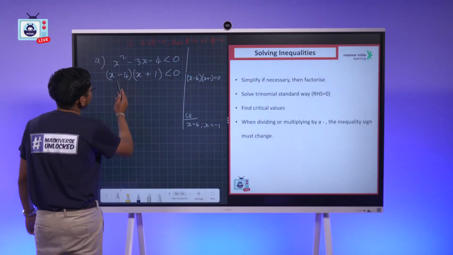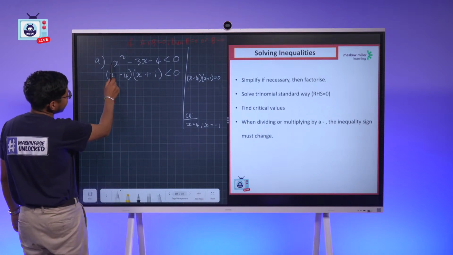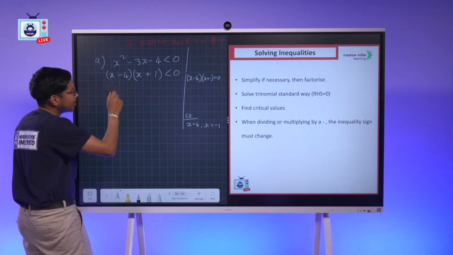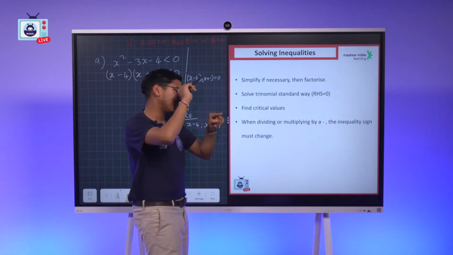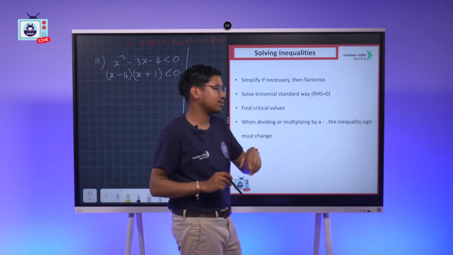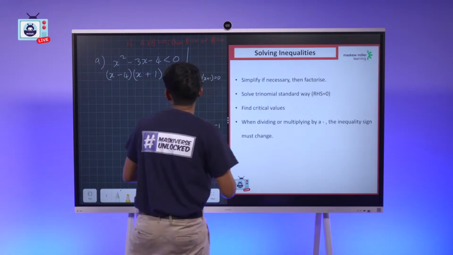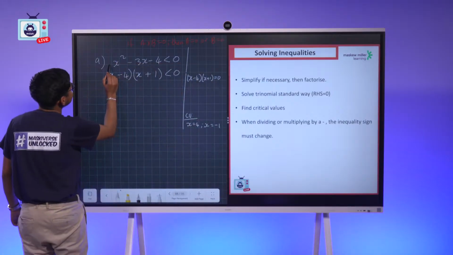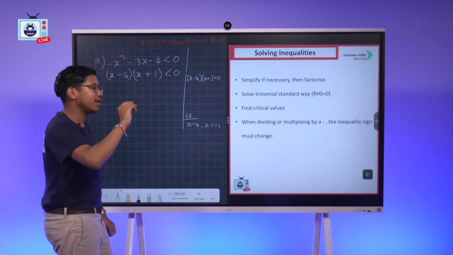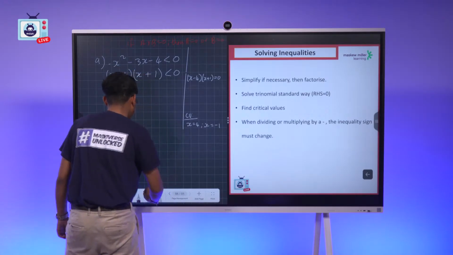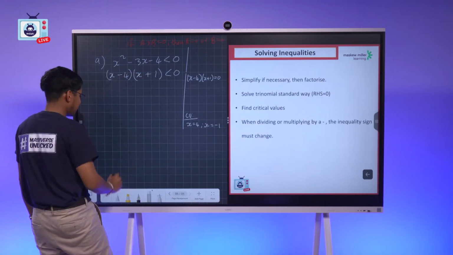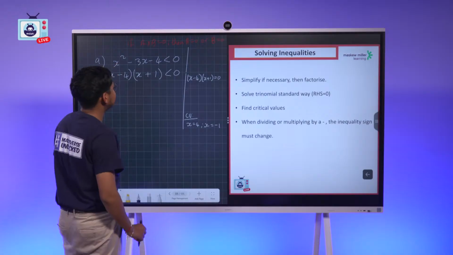Now, remember that here I have a. Now, if a is positive, then what is my parabola? Is it a smiley face or a sad face? It is a smiley face, all right? And if a is negative, then obviously I will have a sad face. But it is given to me that a over here is positive, right?